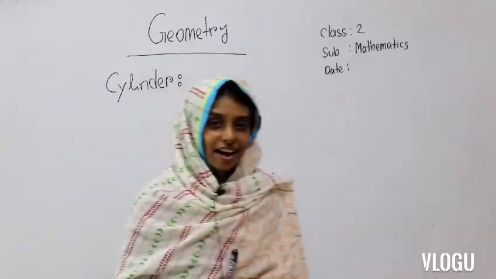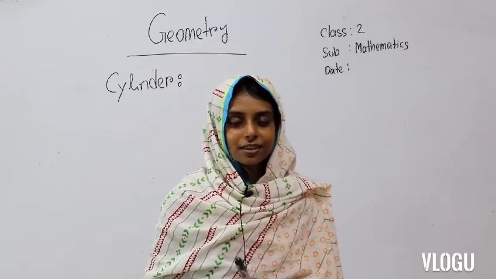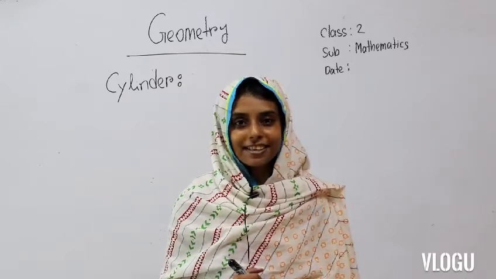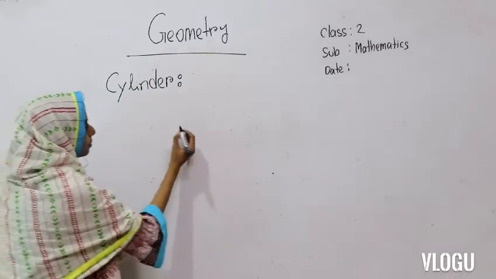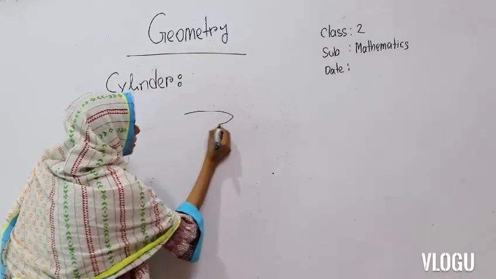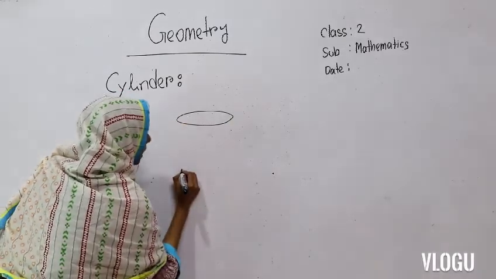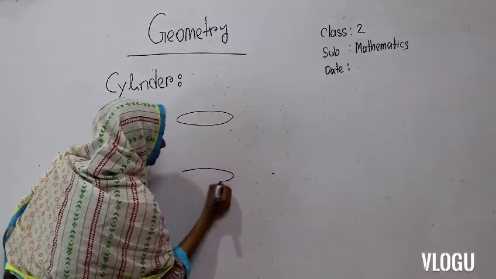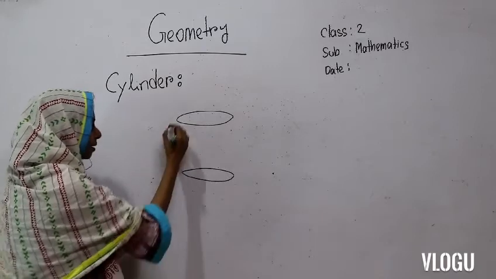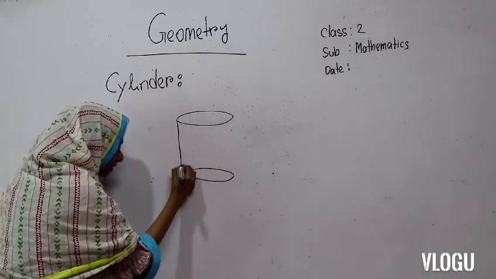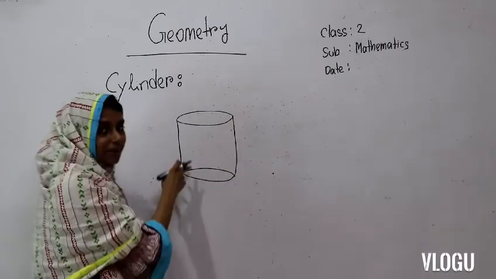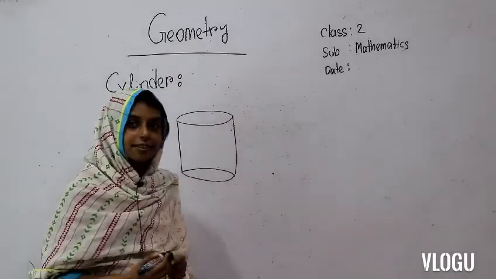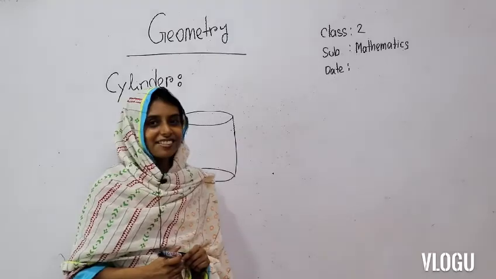Cylinder. Now I will show you how to draw a cylinder. At first you have to draw two round shapes. Then you have to join these two lines and it becomes a cylinder. Is it not very easy? Very easy.